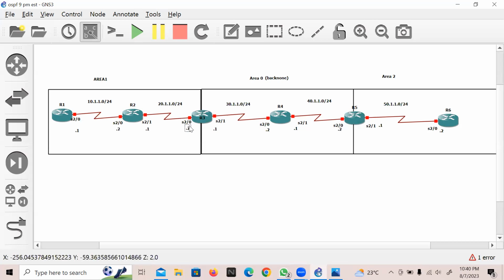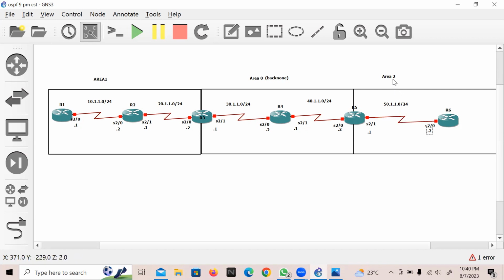Yes. What about the S2/0? Where is this? S2/0. Okay, it is here. Yeah, those. What about them? What does it stand for?